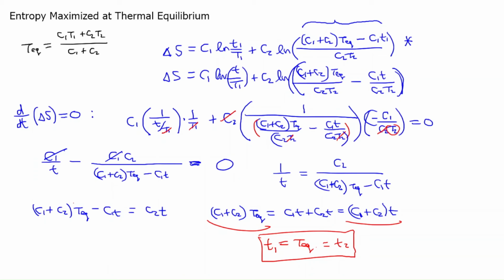So if we are assuming conservation of energy, which at this stage I think is reasonable, then what we find is that entropy is maximized at thermal equilibrium. That's what this finally comes down to.